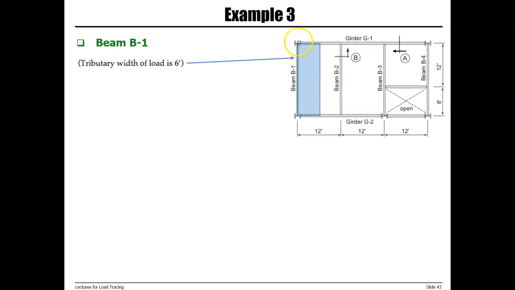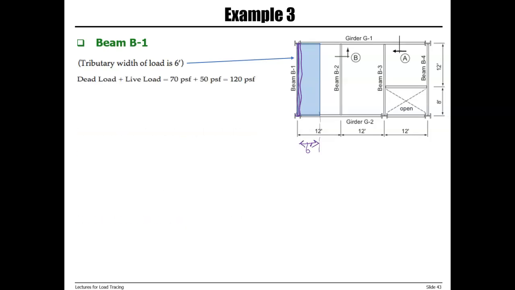That is the tributary width for beam B1. Again, right now we are looking at beam B1 here. And half of the distance between beam 1 and beam B2 is 6 feet. So that's the tributary width of load for beam B1.